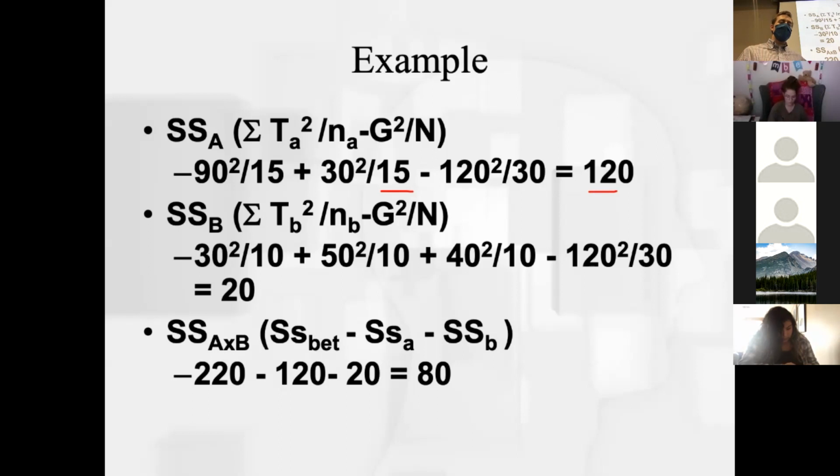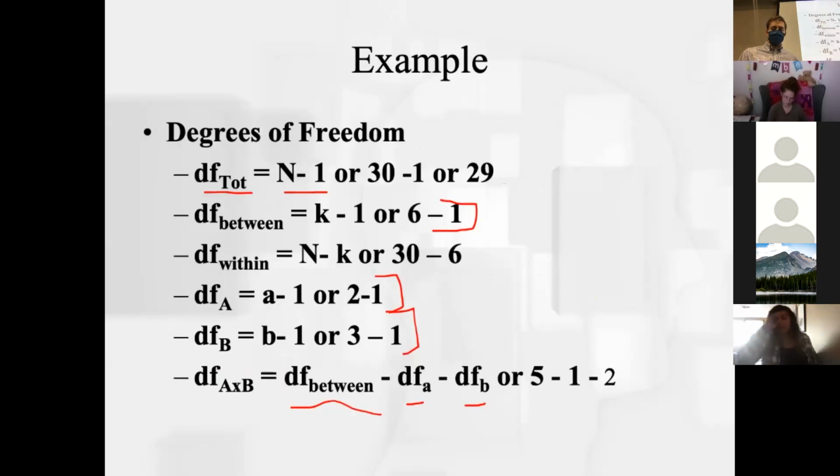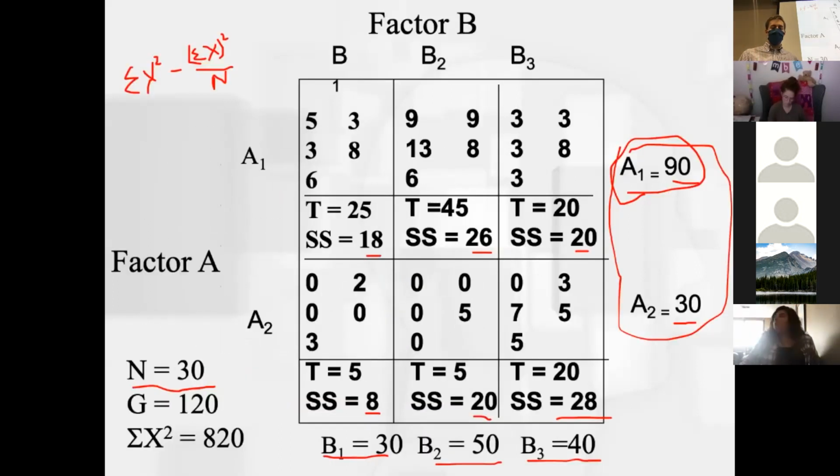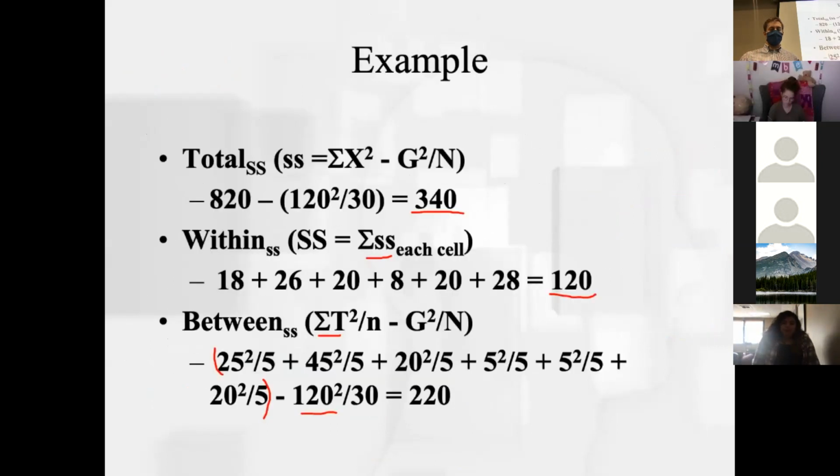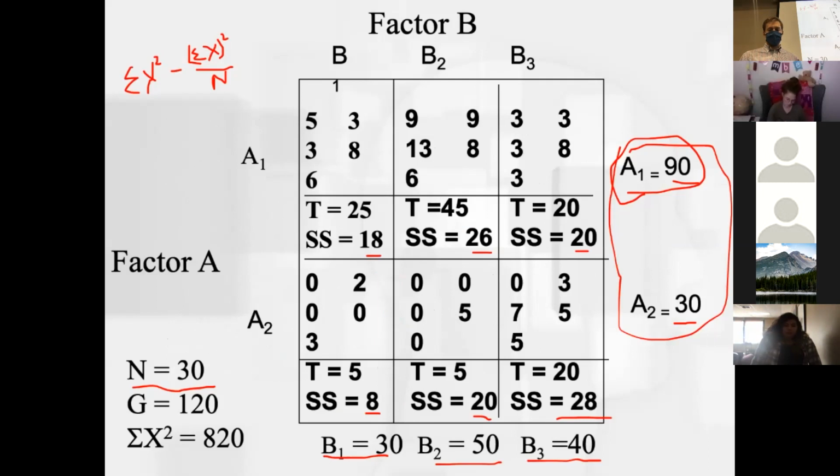And then for sum of squares B, we're doing the same thing. Now we're just doing it with all the columns. Right, and so 30 for column 1 squared divided by 10, so the number of observations in that column. Plus 50, which is the total for column 2, squared, divided by 10.